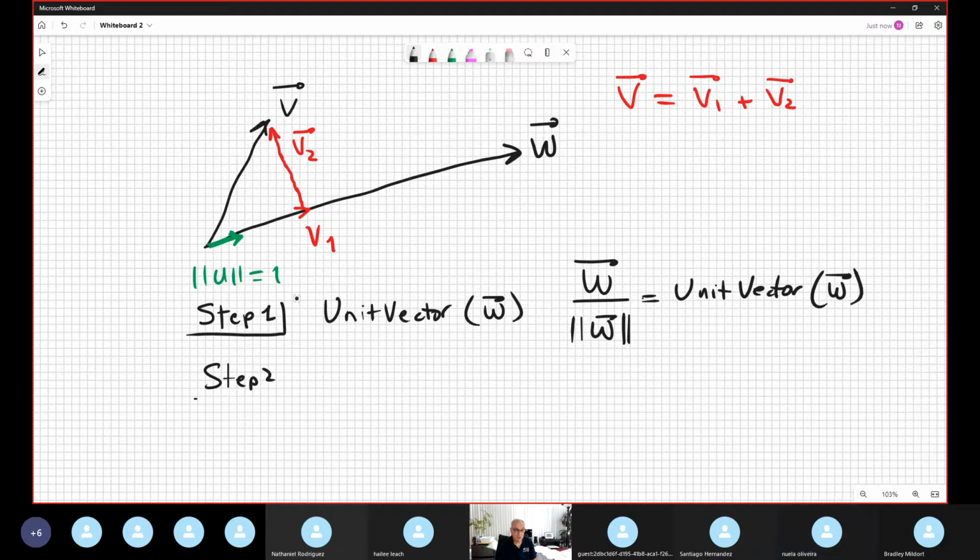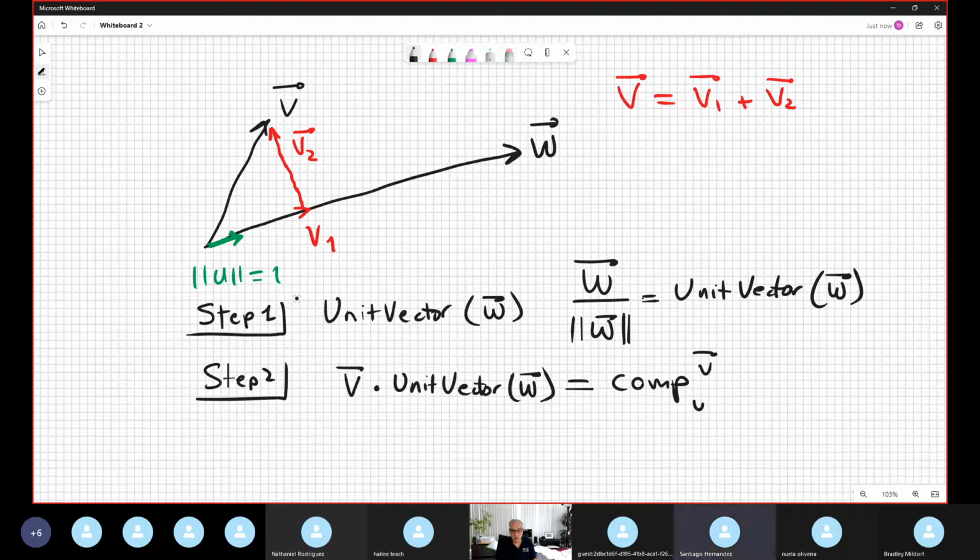Yes. Step 2, you compute the dot product between vector B and the unit vector in the direction W. I want to call this the component, the scalar projection, the component of the vector B onto the direction W. This is the symbolic way to indicate it.